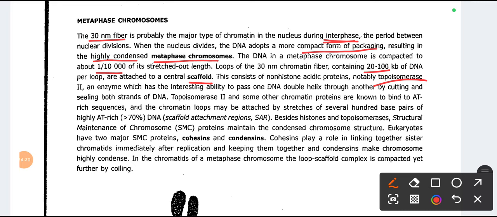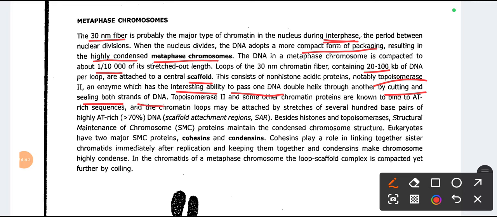Topoisomerase 2 is an enzyme with the interesting ability to pass one DNA double helix through another by cutting and sealing both strands of DNA.